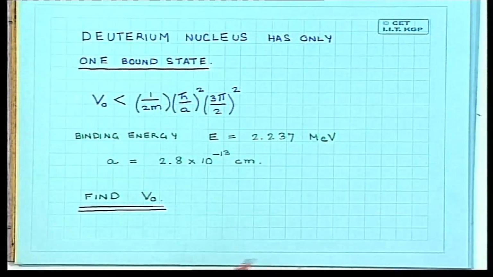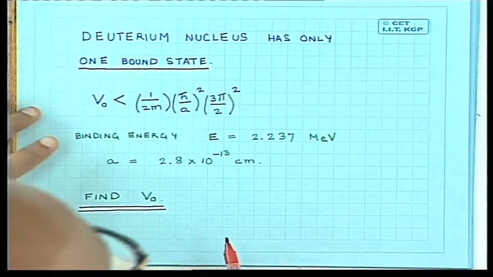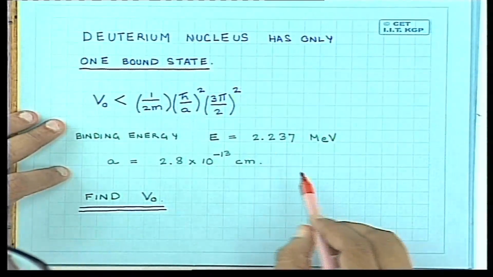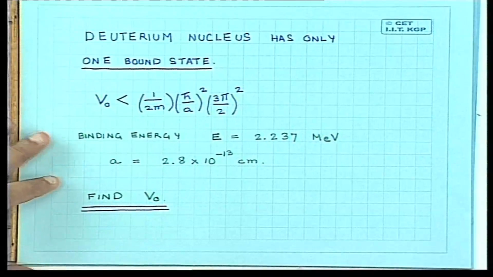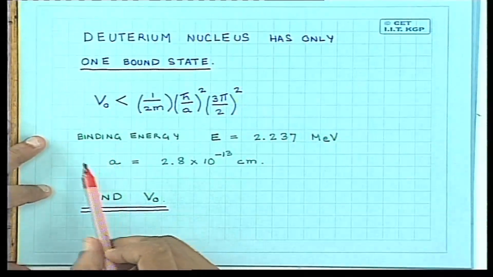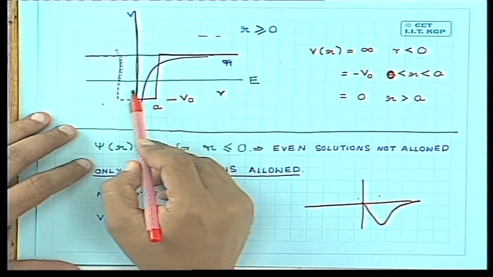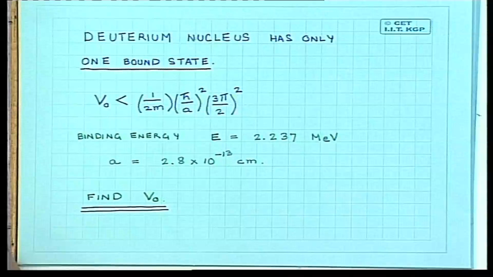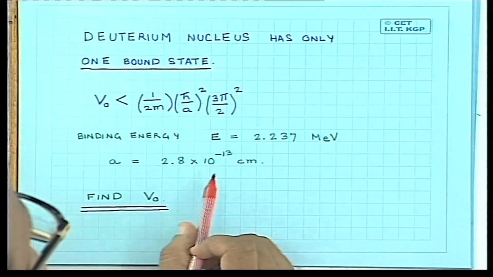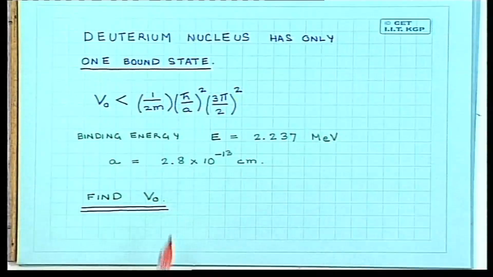Okay. It is also found that the binding energy of the deuterium nucleus is 2.367 mega electron volts. And the width of the potential, A, we can take to be the range of the nuclear interaction, which is 2.8 into 10 to the power minus 13 centimeters.